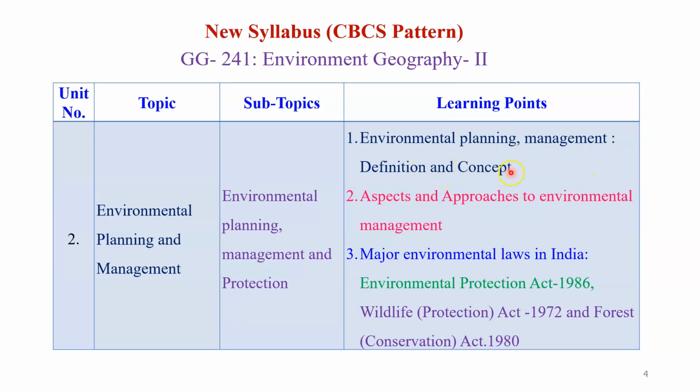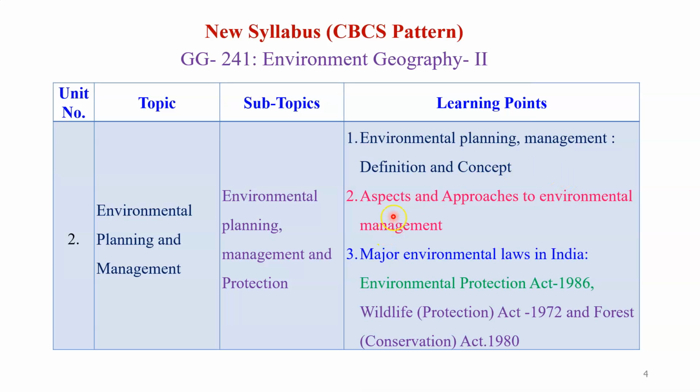Here we are going to discuss the definition of both environmental planning and management, and also the concept of both terms. Dear student, you know that environmental planning is the process of evaluating how social, political, economic and governing factors affect the natural environment when considering the development that we are going to discuss here.